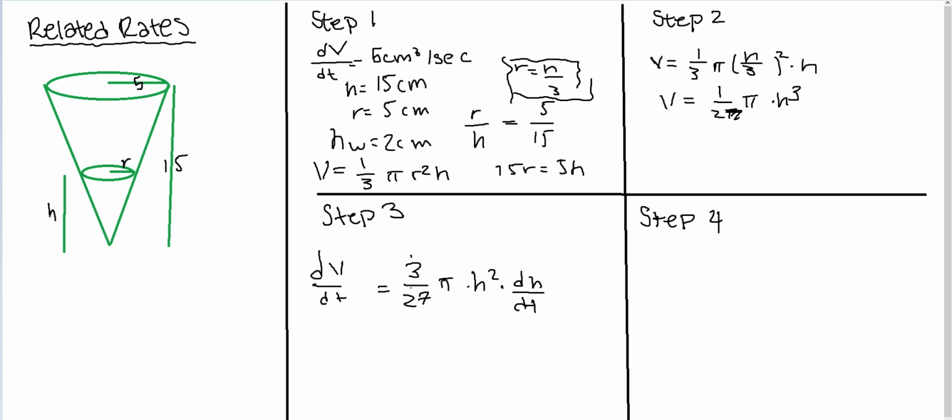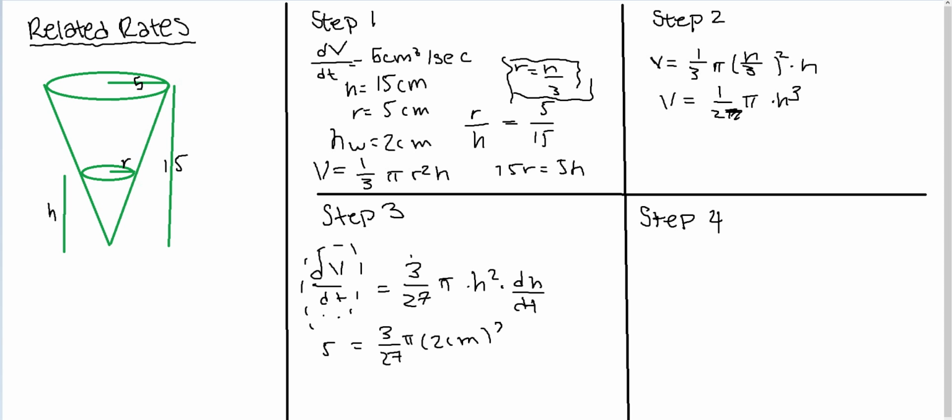So now we're going to plug in all the known values that we were given. We know dV/dt is going to be 5 centimeters cubed a second. We know that h squared is going to be 2 centimeters squared, and we're going to write that in, times 27 pi. Sorry, not 2 centimeters cubed, 2 centimeters squared.